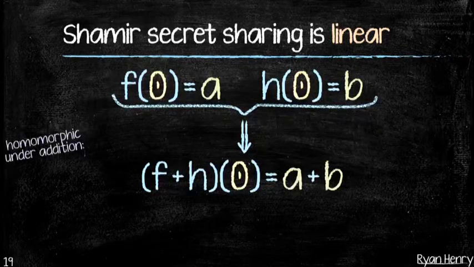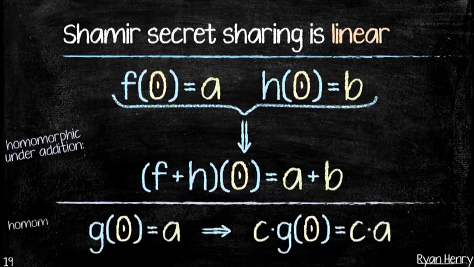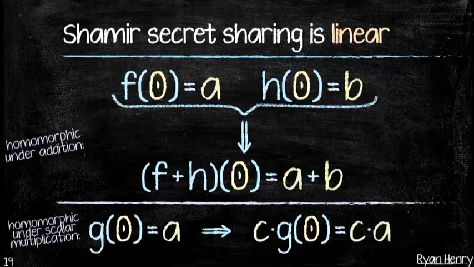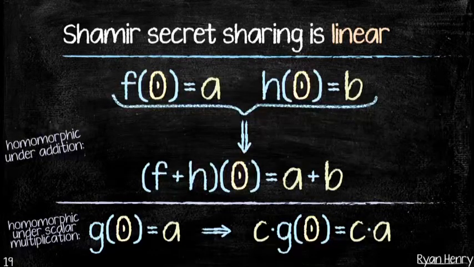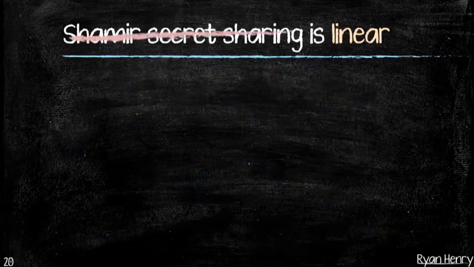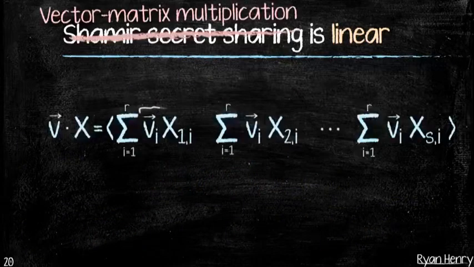And if I take the polynomial that evaluates at 0 to A and I multiply it by a scalar C, then I evaluate that at 0, I get C times A. So I can add these things, and the secrets that they encode just add, and I can multiply by scalars, and the secrets they encode just multiply. Likewise, when we look at what's happening in that PIR protocol, it's all linear as well.